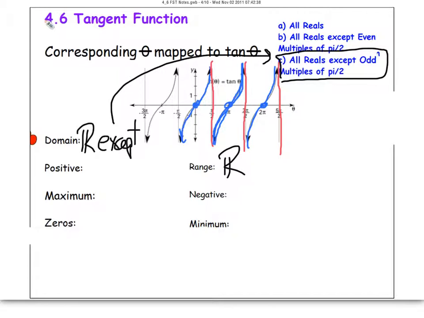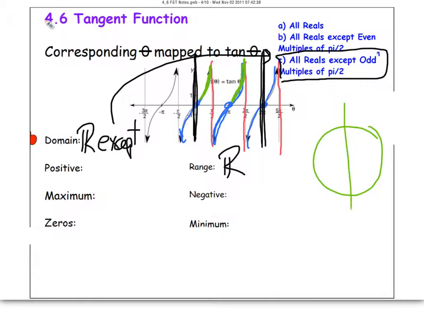Now let's look at the tangent function again from 0 to 2 pi, or 0 to 360. We'll isolate it from here to here, and answer these questions about being positive and negative. The tangent function is positive, we can see, from here and here. Well, if you think of the unit circle, where are the slopes positive? The slopes are positive in quadrant 1 and in quadrant 3.